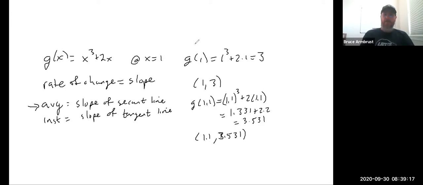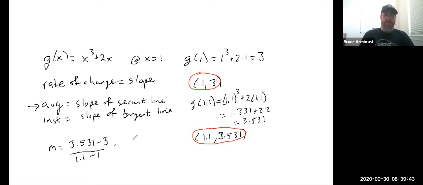All right, so now I'm going to take these 2 points, this one and this one, and find the slope of the line that connects those two. The slope formula, remember, is the change in y over the change in x. So I'll have 3.531 minus 3 divided by 1.1 minus 1.